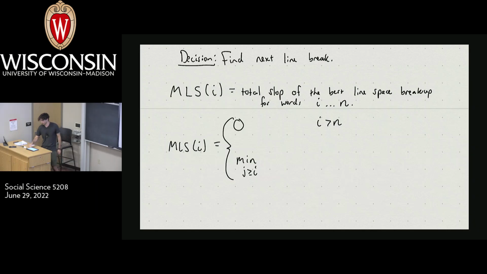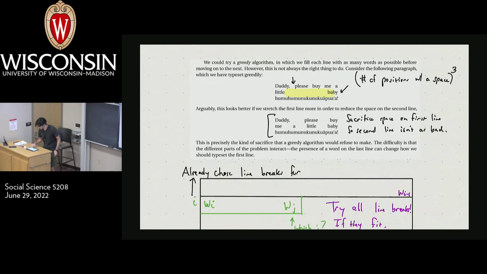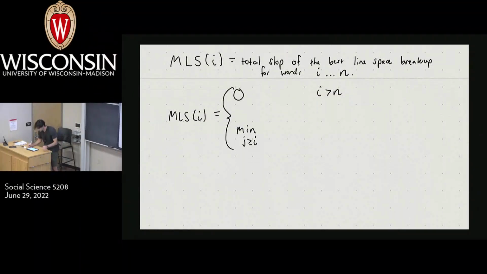Maybe we have a gigantic word like here where we have to put it on just one line. So that's something we want to allow. So we're going to minimize over all j where the total sum of the lengths from k equals i to j of l_k is at most L. This just says we can fit them all on the line.